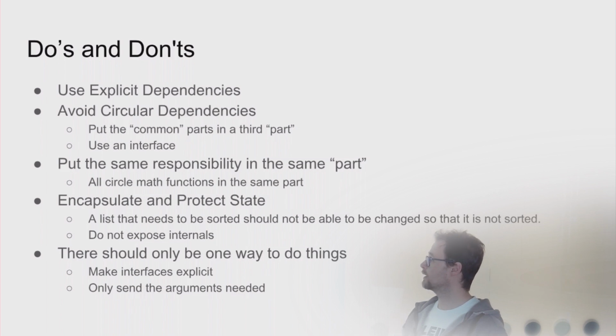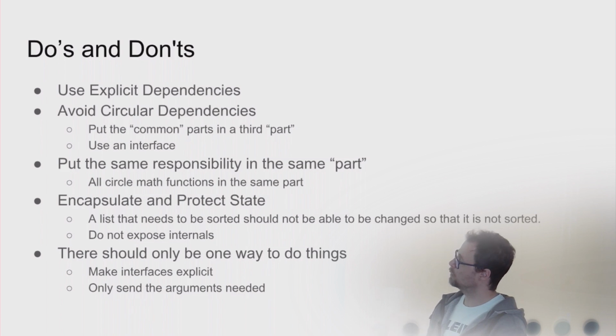And this works also on a higher level. So maybe we have other geometry stuff. We have rectangles, and we have triangles, and we have spheres, and whatnot. Maybe we put all of these in different files. So we have the rectangle math, and the triangle math, and the circle math in different files.